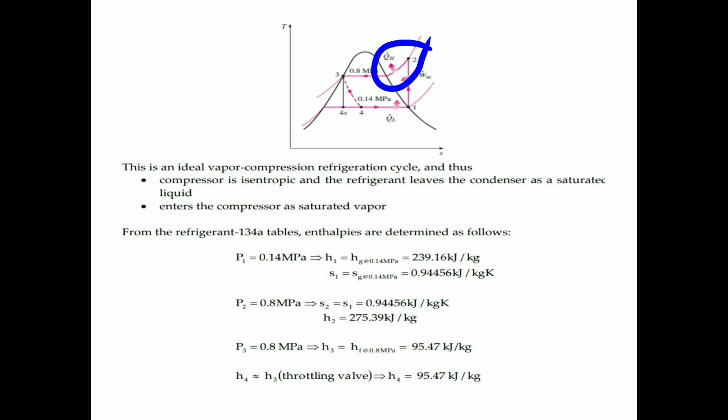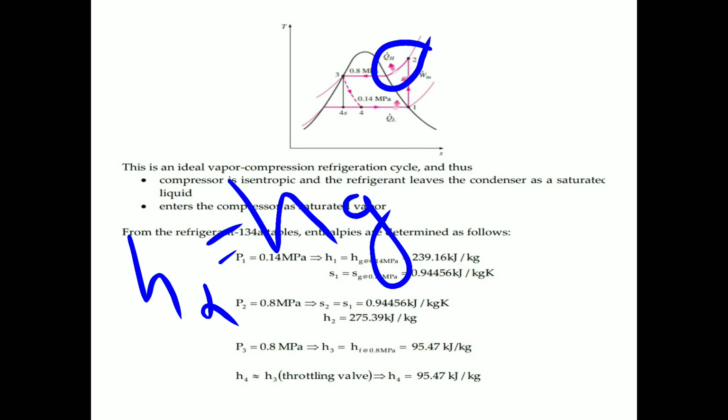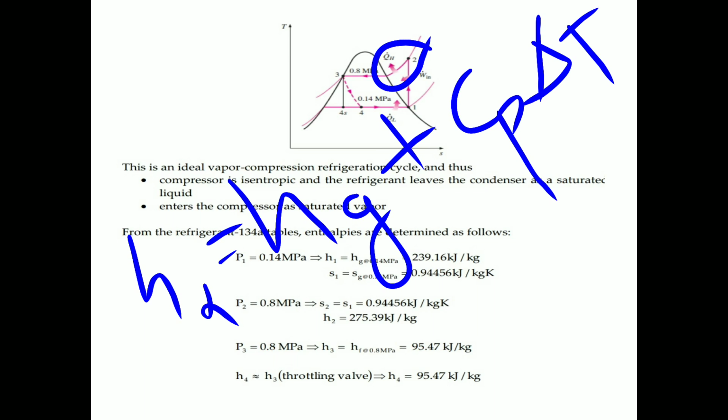So you have to find out H2, which is equal to Hg plus degree of superheat, that is Cp delta T. So using this formula, you can find H2 in other problems. Hg will be given in the question, and degree of superheat, that is delta T, will be given, and Cp is also given. Using all this data, you can find what is H2.